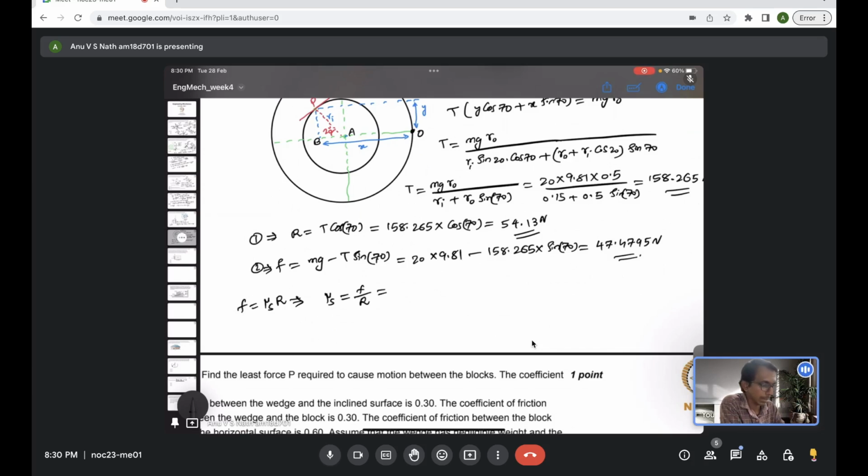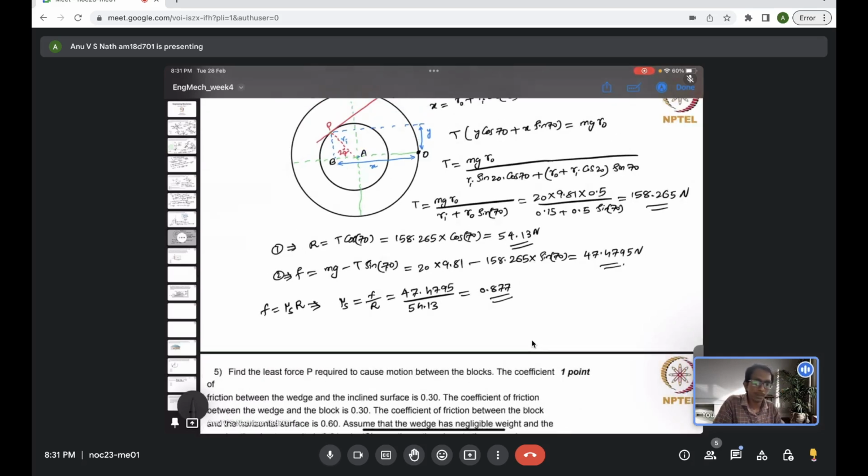Friction can be greater than this, but this is the minimum value. So this is 47.4795 divided by 54.13, which is 0.877. So that's the answer.